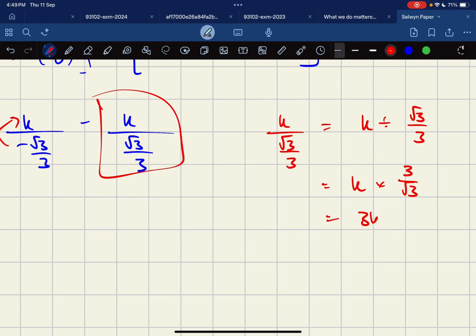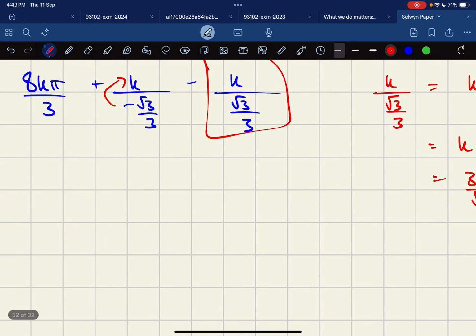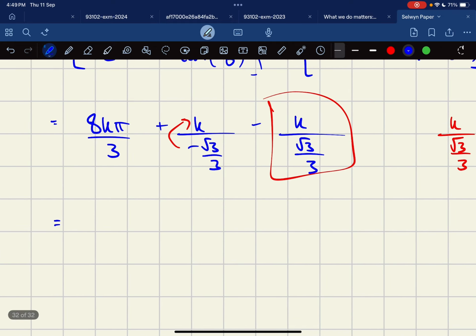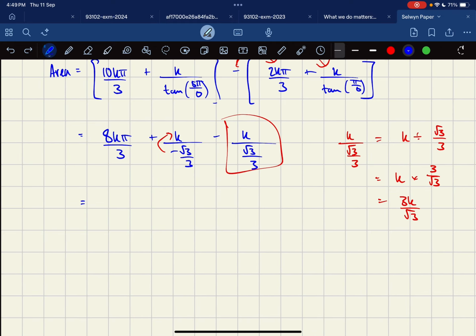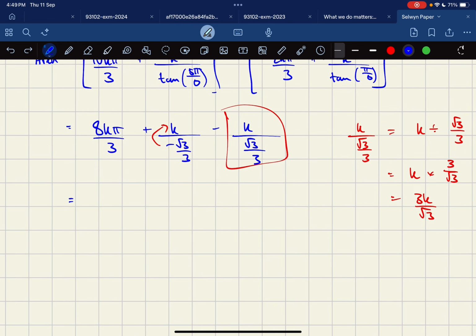So this is 3k over root 3. And it's negative, so it's just going to be negative. And then this one's also negative, and they're both the same, so there's two lots of them. So if there's two lots of this thing over here, it's just going to be negative 6k.